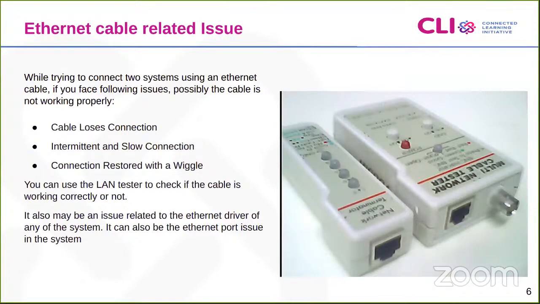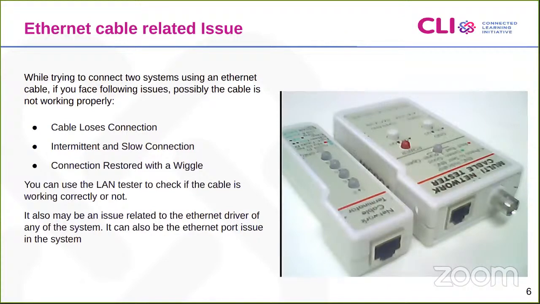I'll tell you the possible symptoms which show that the cable is not working properly. The cable loses connection, there is an intermittent or slow connection, and when you wiggle it a bit, the connection is restored. These issues can be due to the cable not working properly.